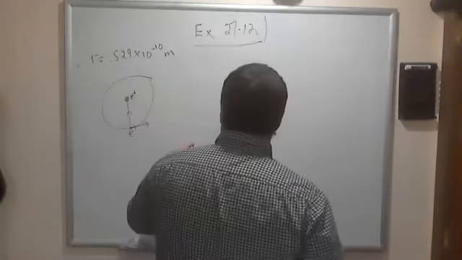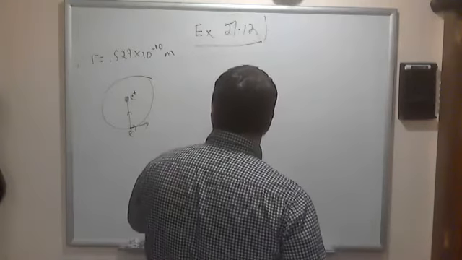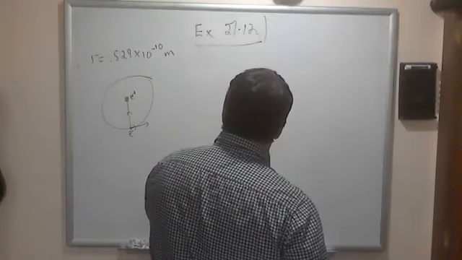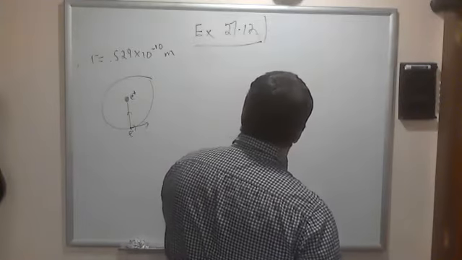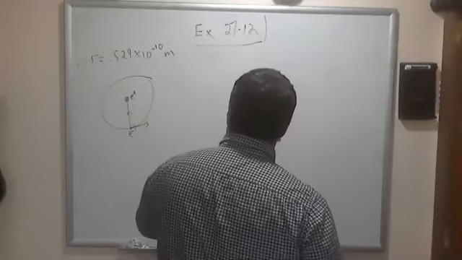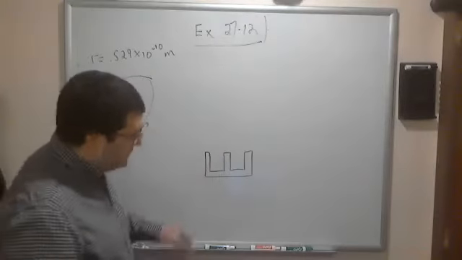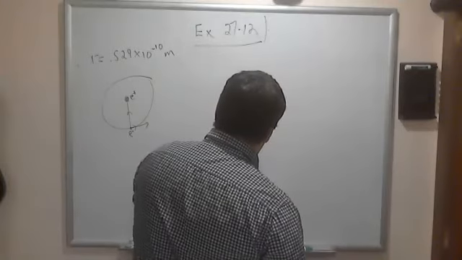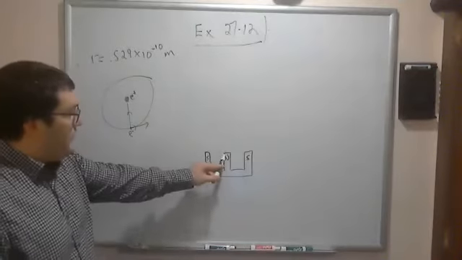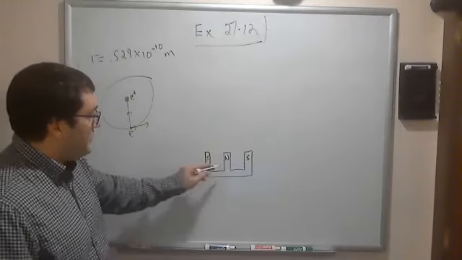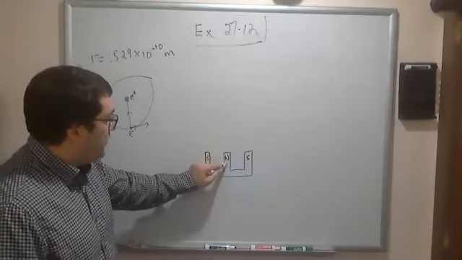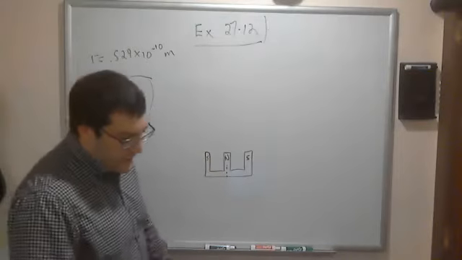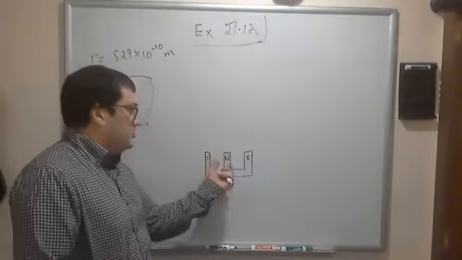So the way speakers work is you'll have a permanent magnet or an electromagnet, and this is one design that they show in the book. You have something like this, right? So this is the North Pole, this is the South Pole. You can think of these as two horseshoe magnets put together, and this is cylindrical.